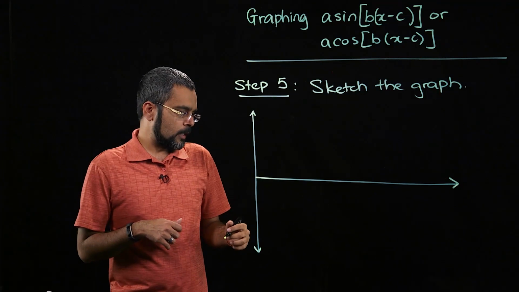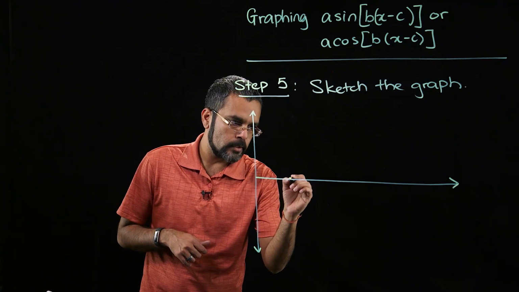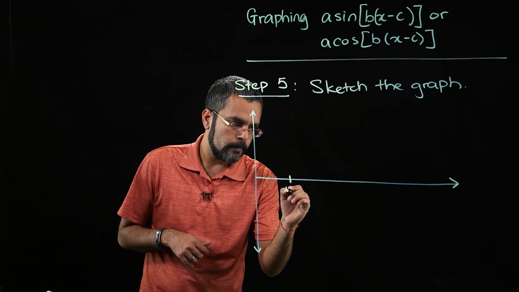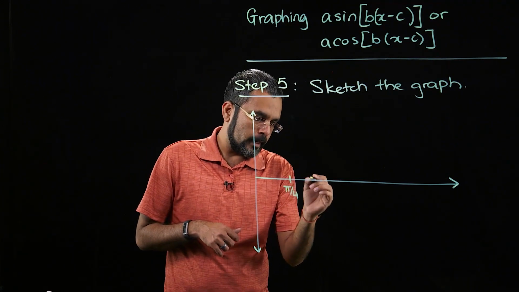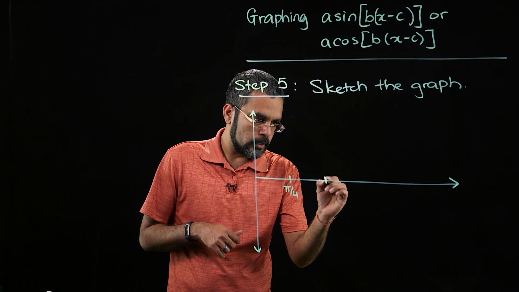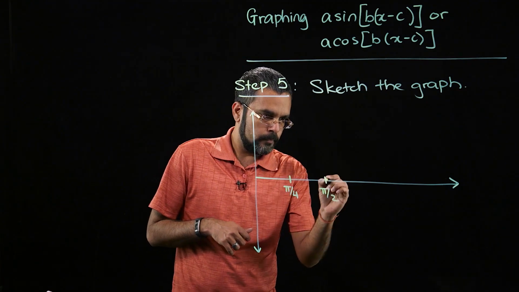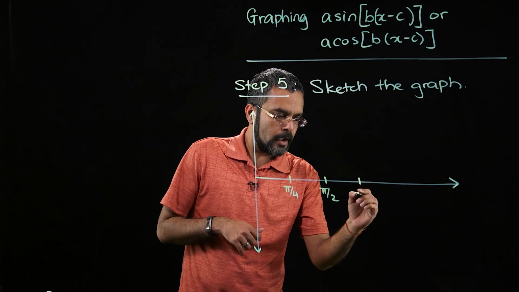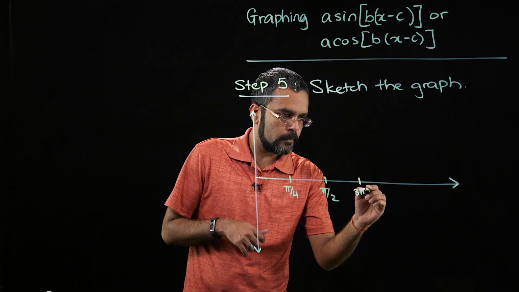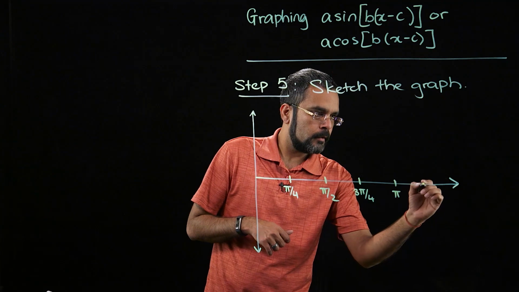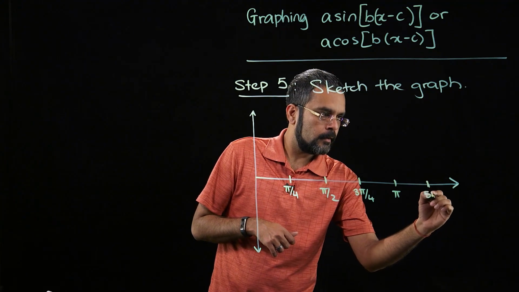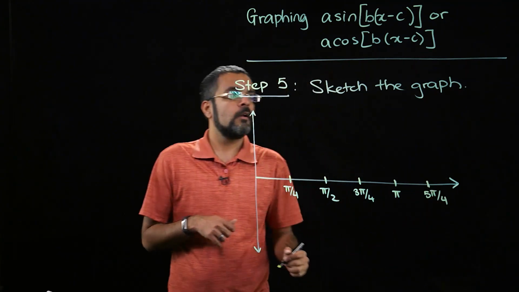Okay, and what did we see? Our starting point here was pi over 4, right? So I'm going to go ahead and mark pi over 4. And then we had 5 pi over 4, and then divided that into 4 equal parts, I get pi over 2, 3 pi over 4, pi, and then 5 pi over 4, right?